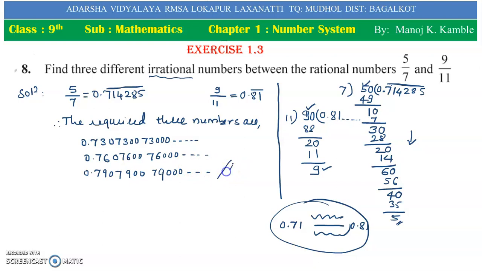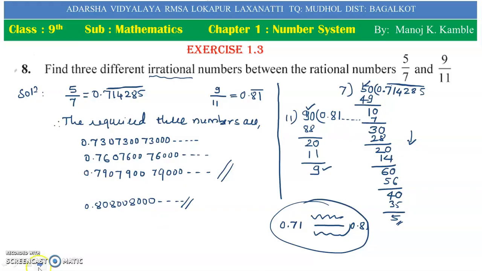These are the three irrational numbers present in between 5 divided by 7 and 9 divided by 11. You can take any other number also, that is 0.8 80 800 8000, like this. So this is the required solution for this question.